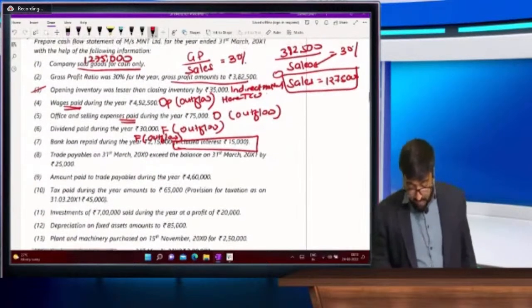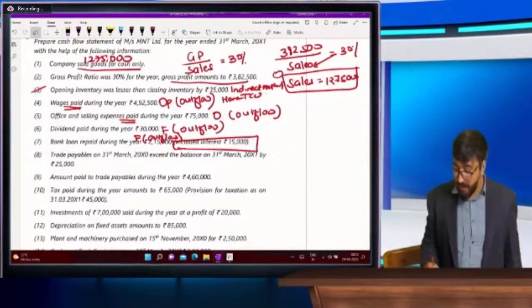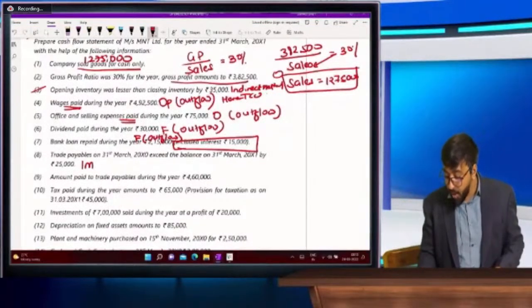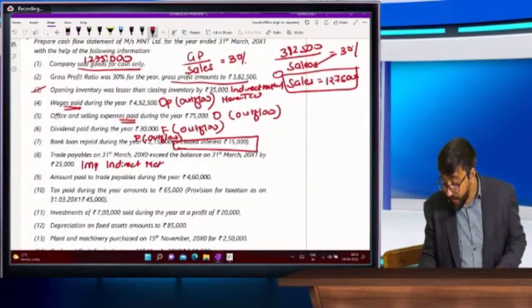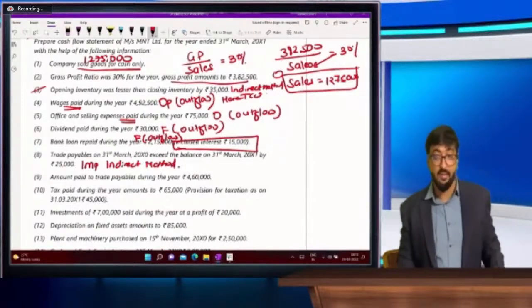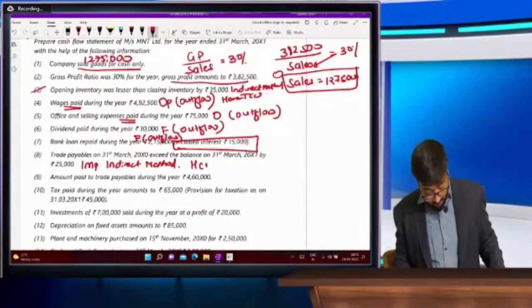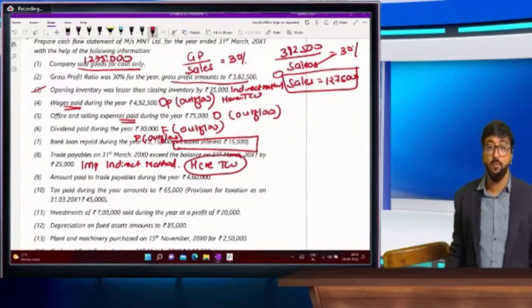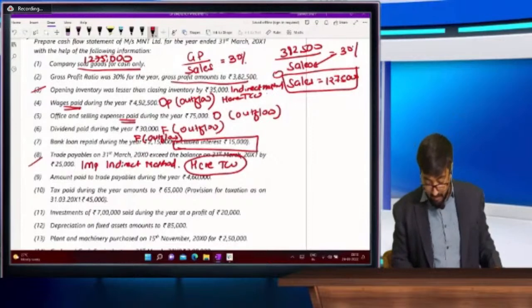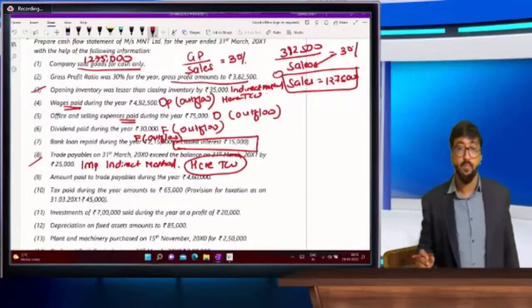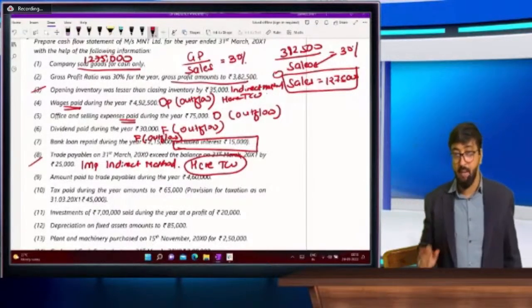2,15,000. Trade payable exceeds balance. This is important in case of indirect method. Indirect method, difference I will consider. Here to confuse us. There is no need. So to confuse us, opening stock and trade payable.